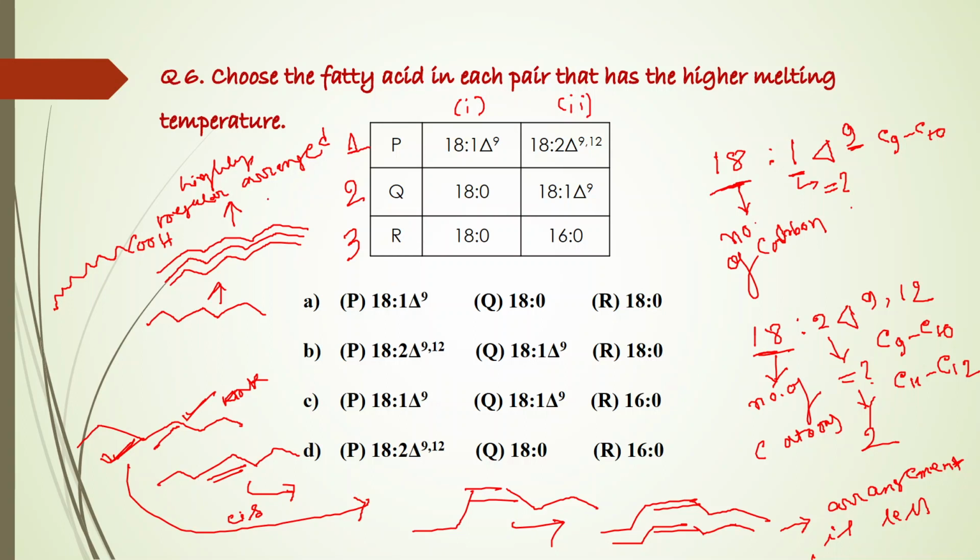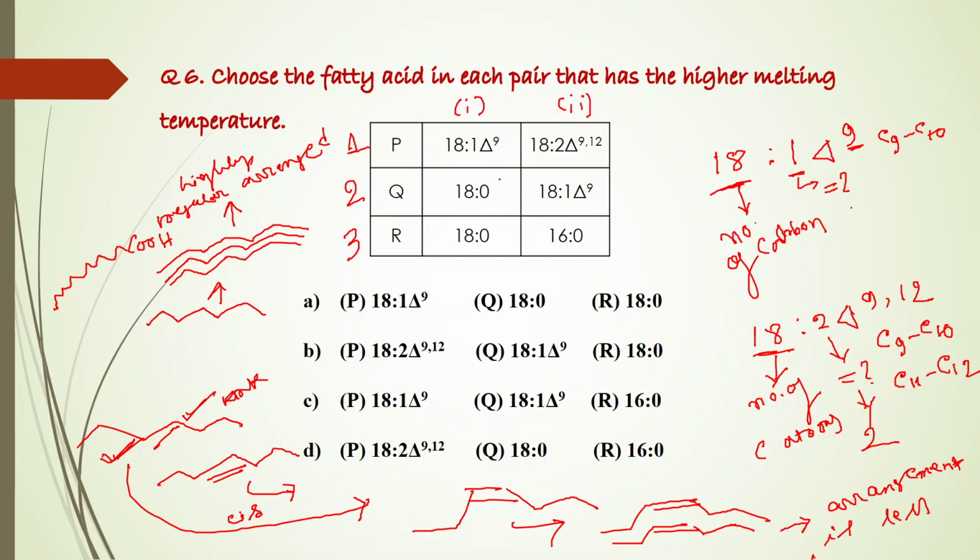That means whenever a fatty acid chain that does not have a double bond is compared with another fatty acid with the same number of carbon atoms but with one or two double bonds, you are adding kinks, thereby hampering the crystallinity in the system. Therefore, the melting temperature that you will need will also become less.